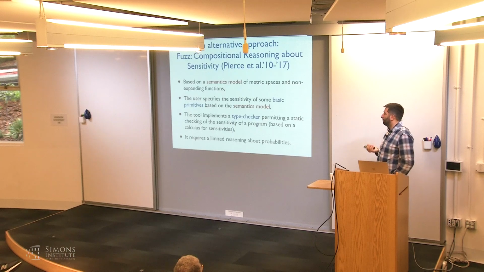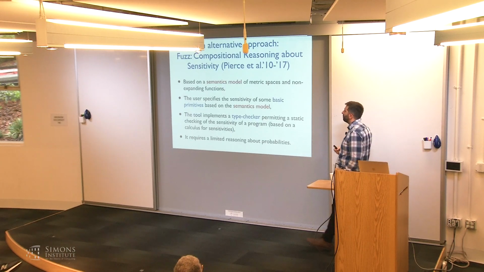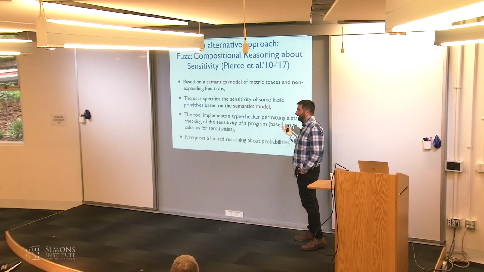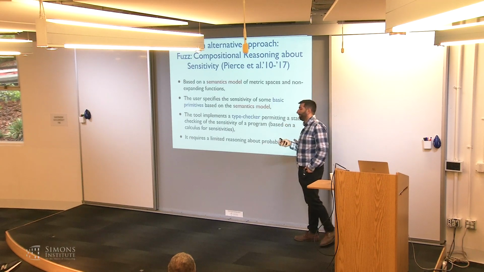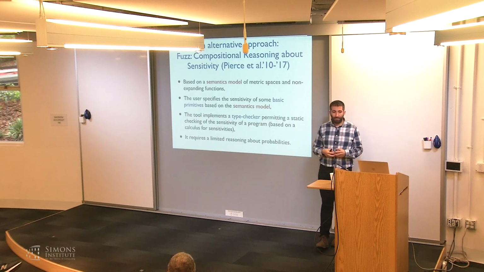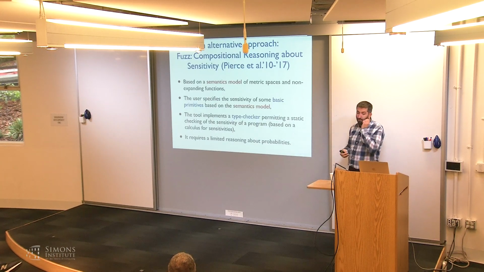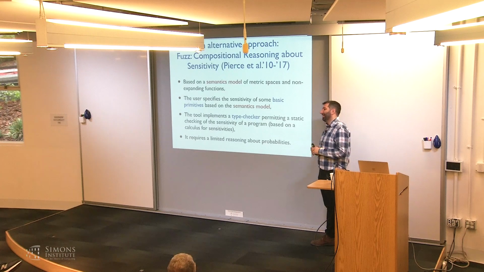And how did we do this? First, we built our new language on a semantic model based on the idea of metric spaces and non-expansive functions. I don't know why I wrote non-expanding.